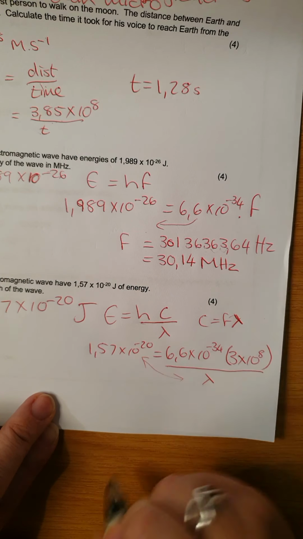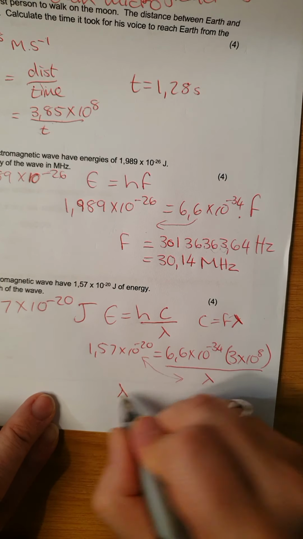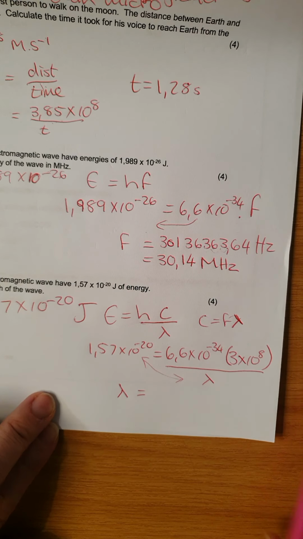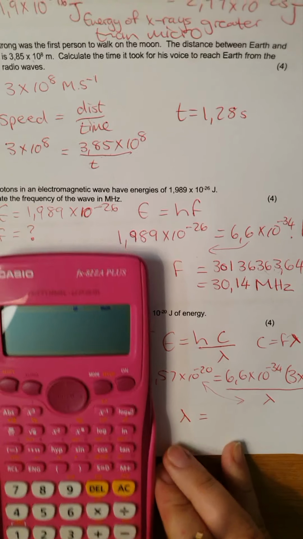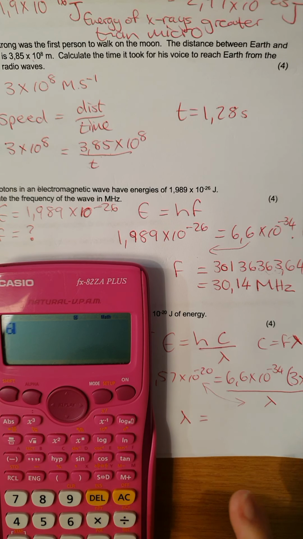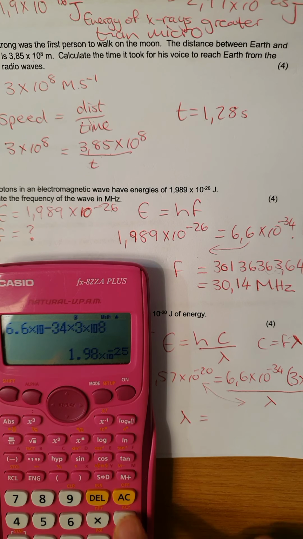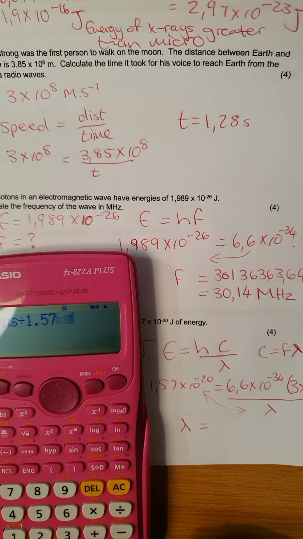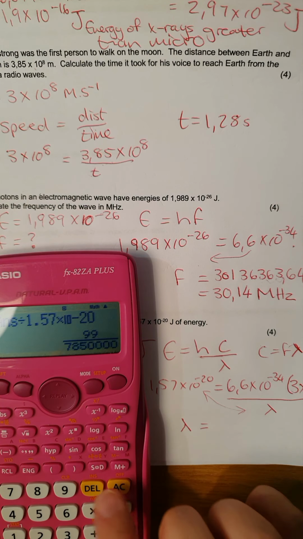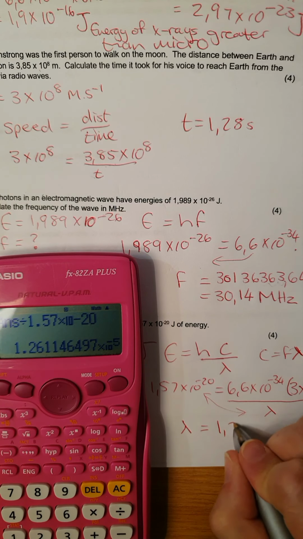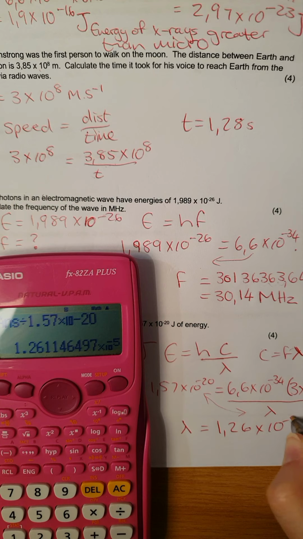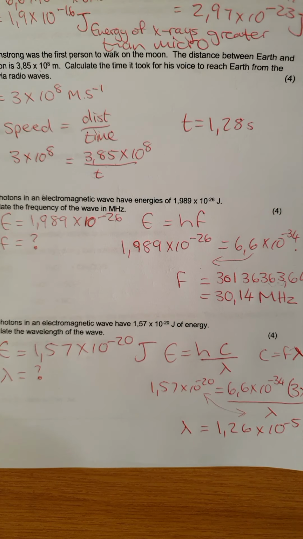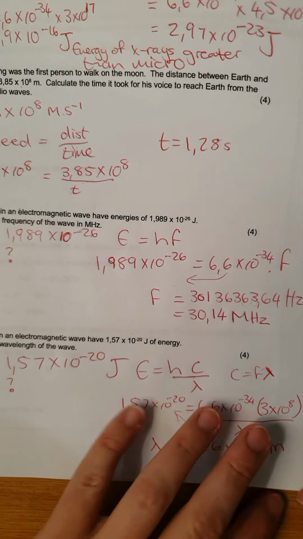Again, we swap those 2 around, and our wavelength is, I hope you can see that, 6.6 times 10 to the minus 34 times 3 times 10 to the 8, divided by 1.57 times 10 to the minus 20, and we get 1.26 times 10 to the minus 5. You normally round off to 2 decimal places unless it was stated otherwise. Make sure you've got that.